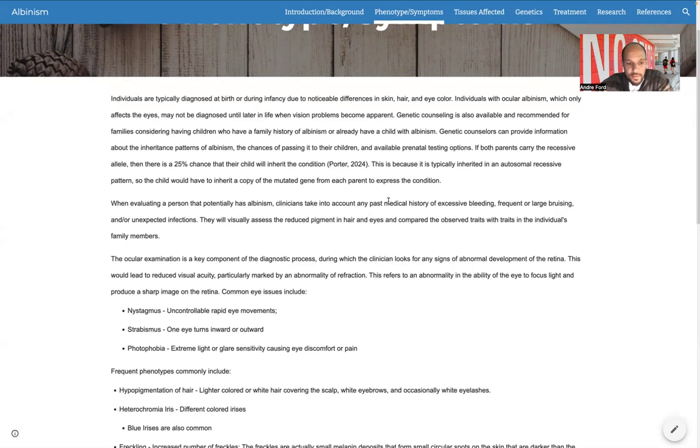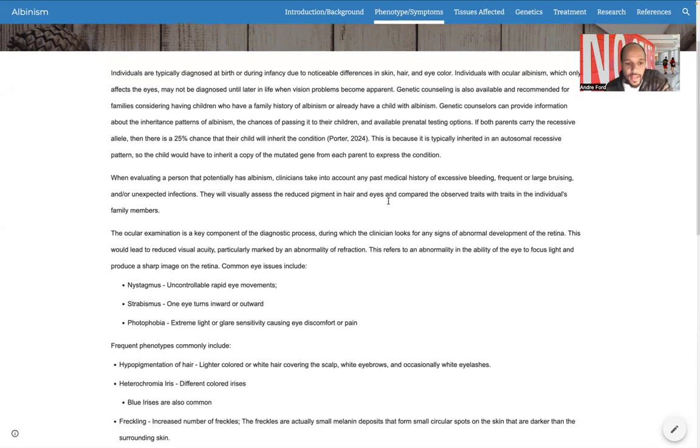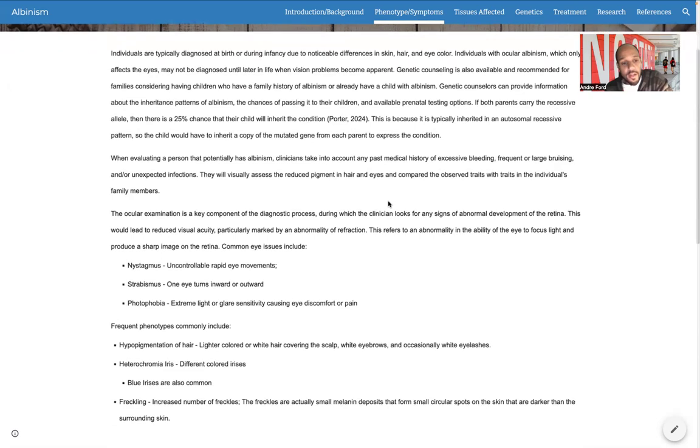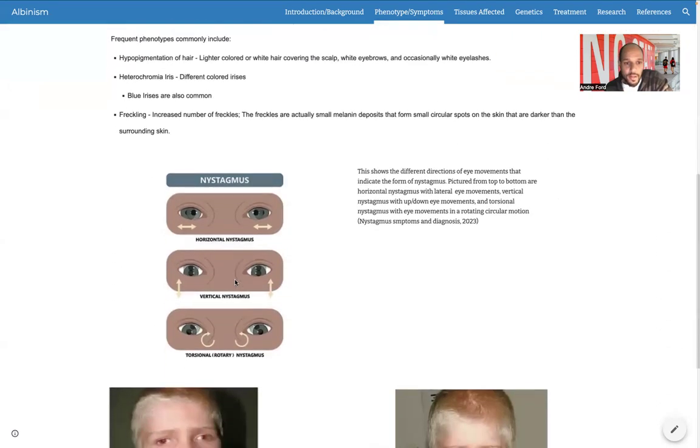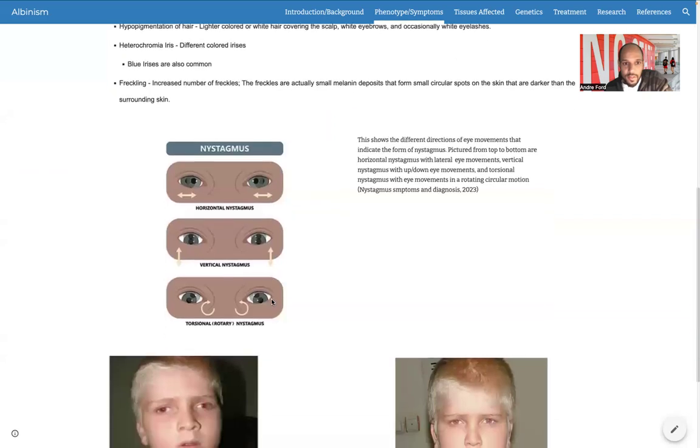And those include nystagmus, which is uncontrollable rapid eye movements. And the eyes can move in different directions with that. They can move laterally from side to side, they can move vertically up and down, or they can go actually circular. And I have a picture down here of that as well, the different types.